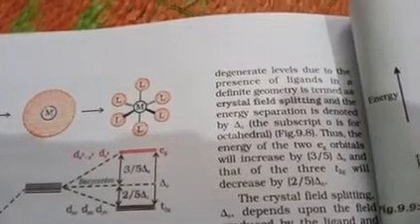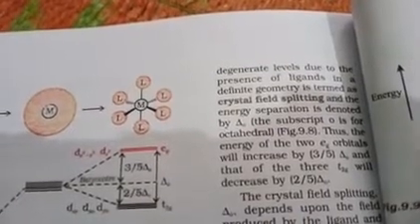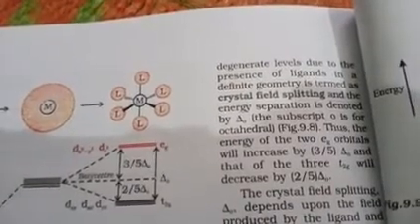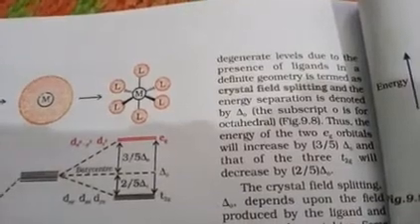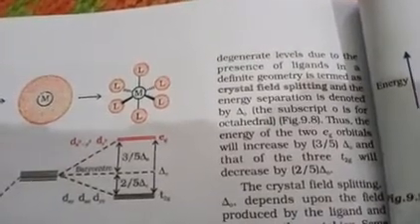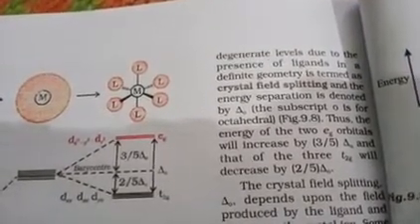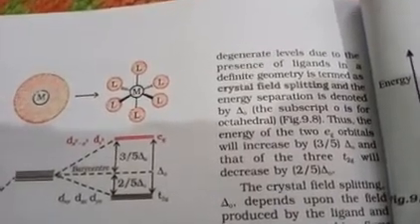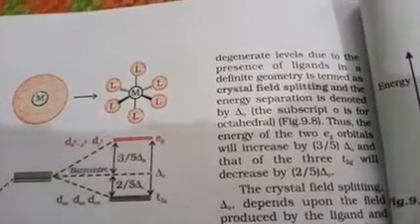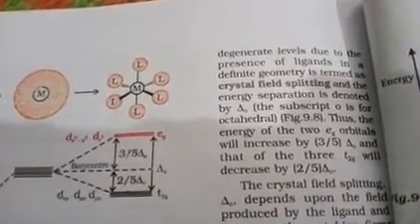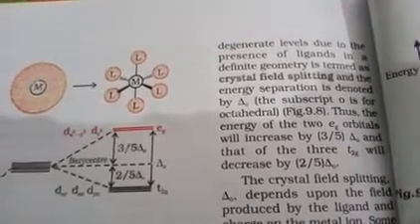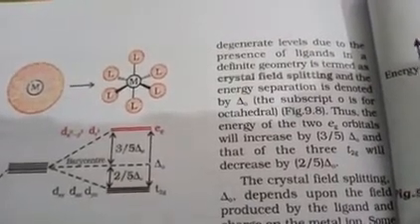The energy required for this is called the crystal field splitting energy, represented by delta O, where O means octahedral. The energy of the two Eg orbitals will increase by 3/5 of delta O, whereas the 3 T2g orbitals will decrease by 2/5 of delta O.